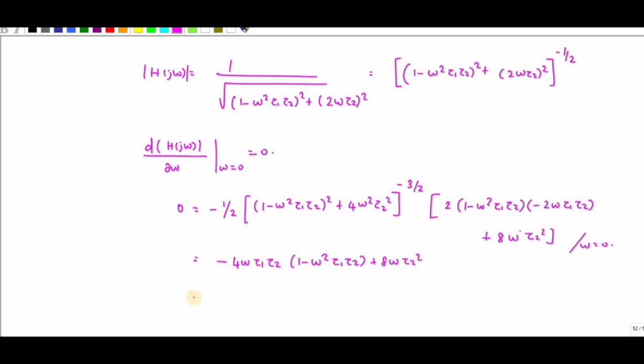Here I can take 4 omega tau 2 common. If we take that, I will get minus tau 1 into 1 minus omega square tau 1 tau 2 plus 2 tau 2 square.